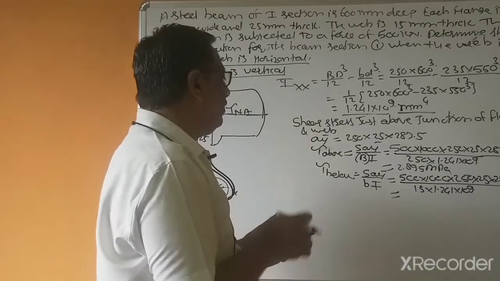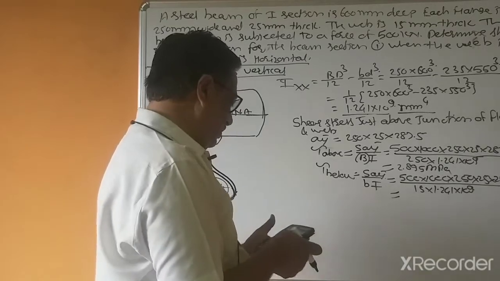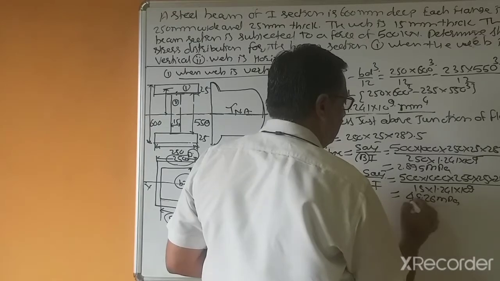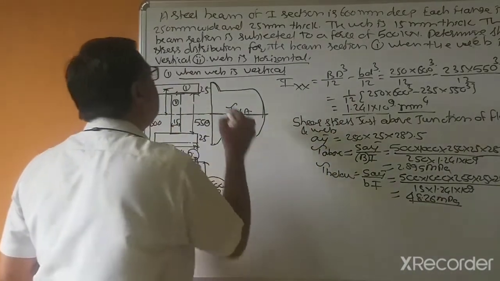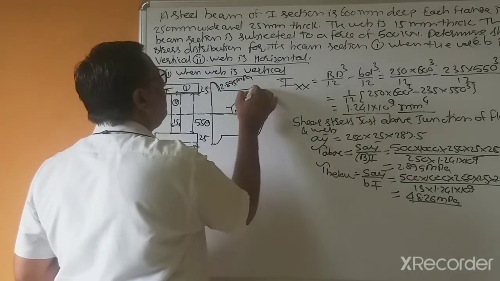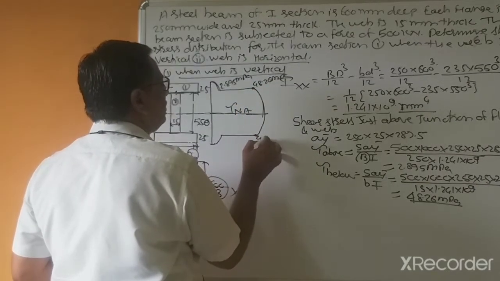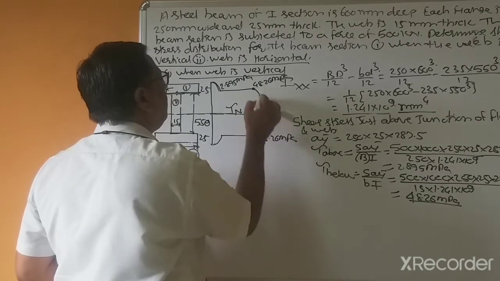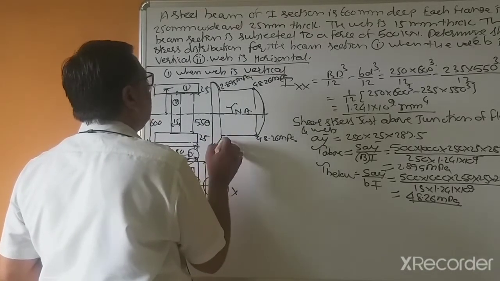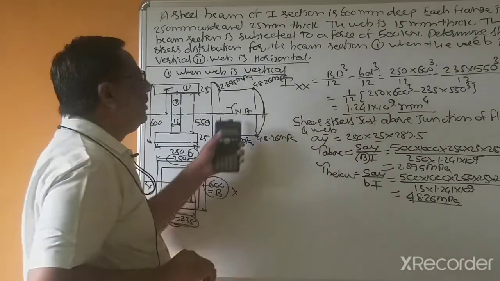So 2.895 multiplied by 250 divided by 15 gives 48.26 megapascal. So this is 2.895 megapascal and this is 48.26 megapascal, and since the section is symmetrical, the bottom values are the same: 48.26 megapascal and 2.895 megapascal.